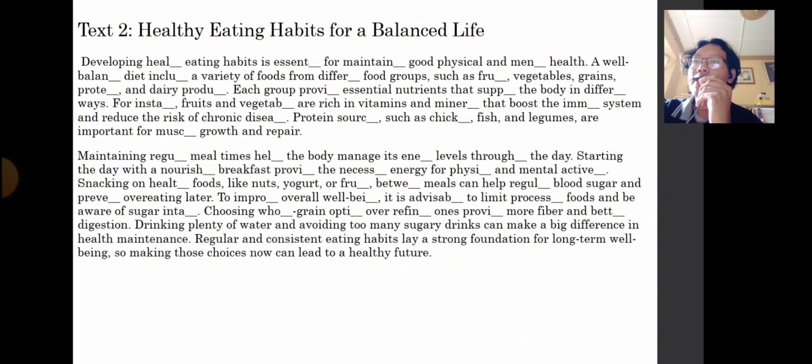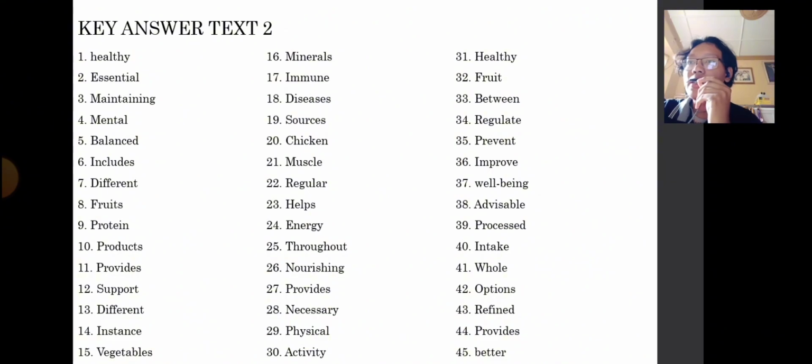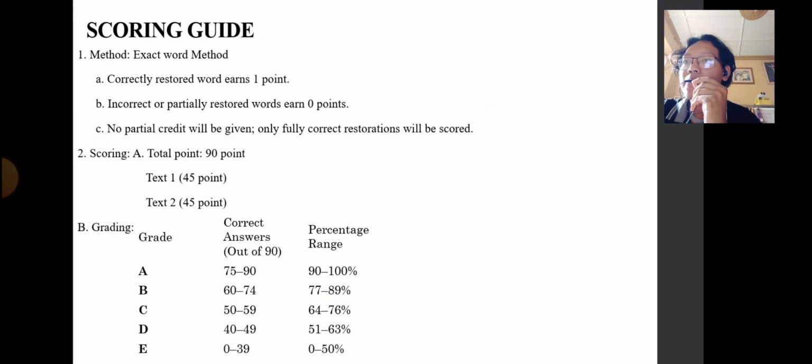And for text 2, there are 45 questions, and same as text 1, you must fill in the blank with the correct answer. This is the answer key for text 1, and this is the answer key for text 2.